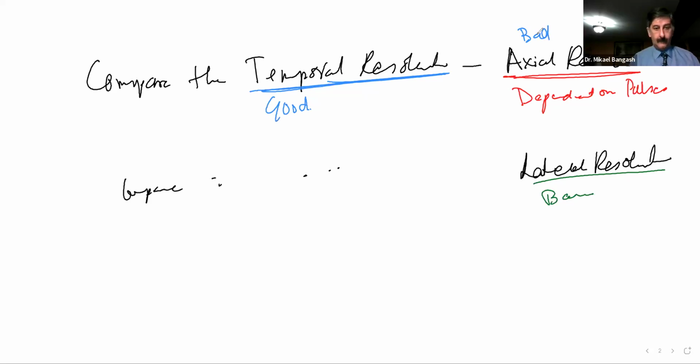Whereas if this here was bad, your axial resolution will be good. Did that make sense?